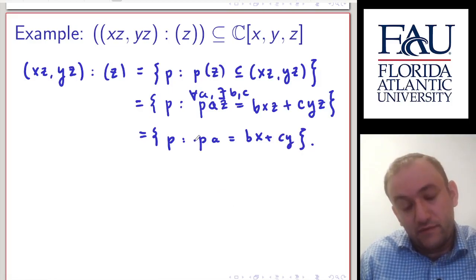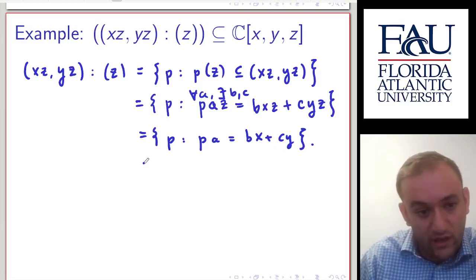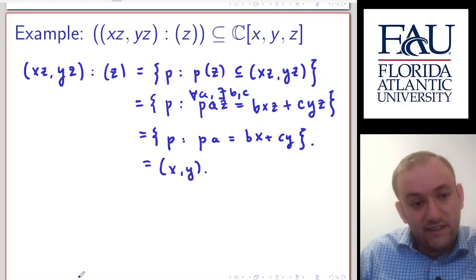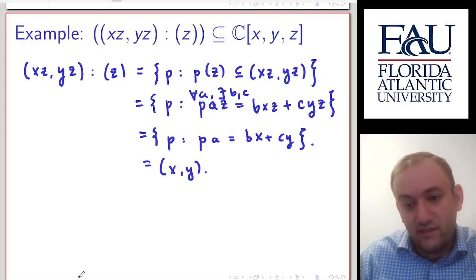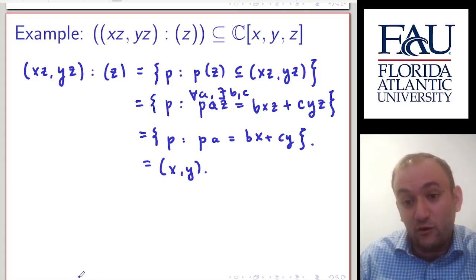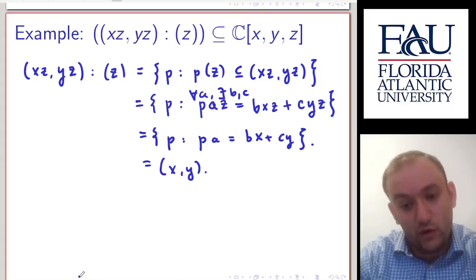Okay, so this is saying that whatever multiple of p you're going to get, it can be expressed as a polynomial linear combination of x and y, which means that this is the ideal generated by x and y. Okay. So kind of nicely, we have this factor shared between the two generators of the original ideal. When we quotient out by the ideal that z generates, it falls away, and we're left with the ideal generated by x and y.